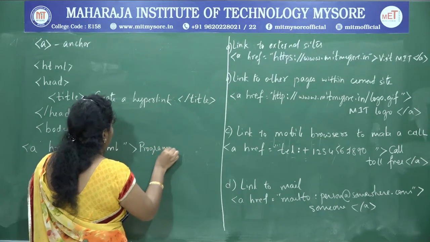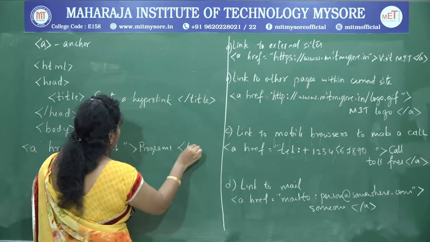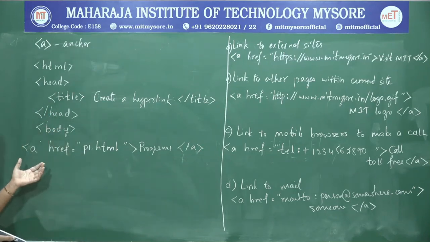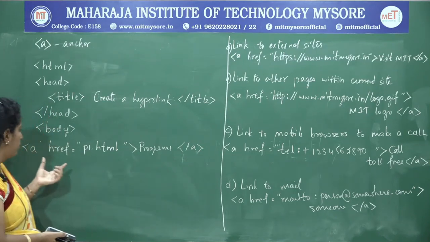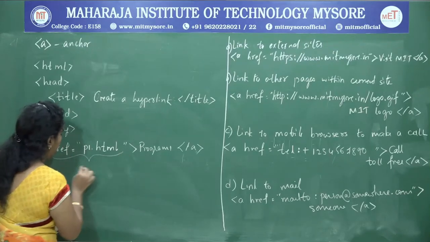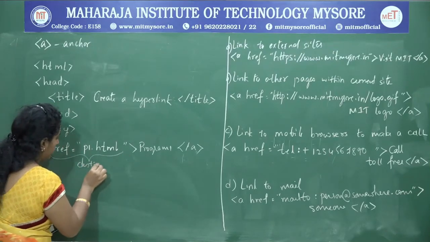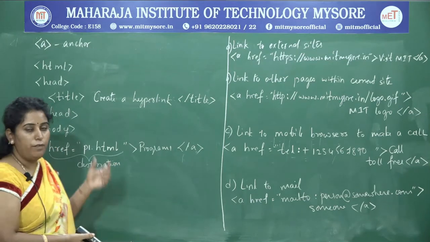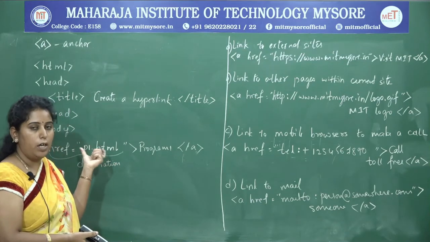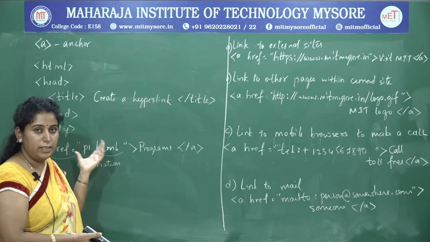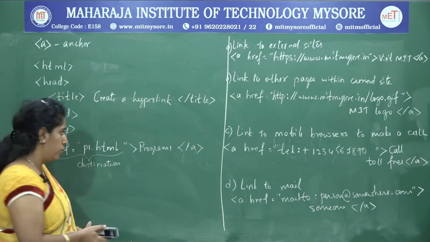Program 1. Then close the anchor tag. Okay. So now by looking at this example, you can notice here this is what we call destination. So destination represents where we provide a link or a path from where we need to access the document or a resource.